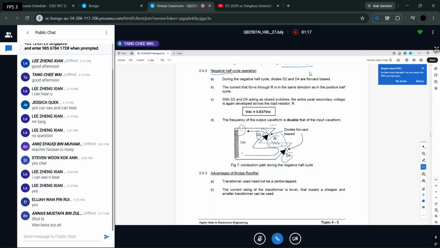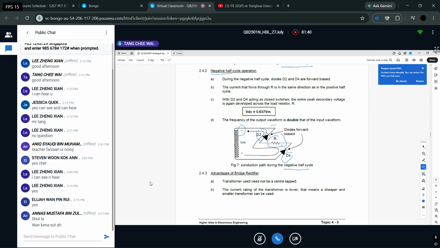Just now it was D1 and D3. That is for the negative half cycle of your AC. These two will conduct. So during the positive cycle, D1 and D3. Negative cycle, D2 and D4.